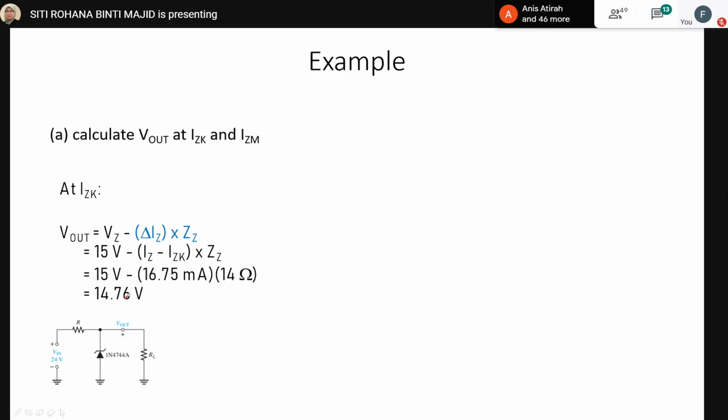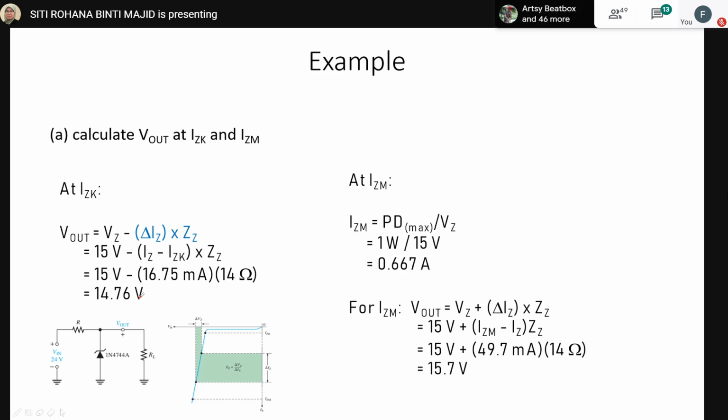Again, you have to refer to the basic IV curve of the Zener diode. First step, understand this profile. Second step, you identify where you can find the values that are important in solving the Zener diode calculation.